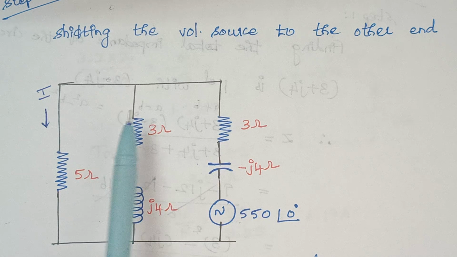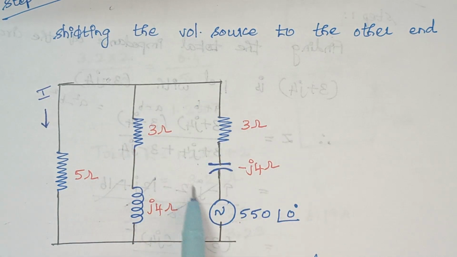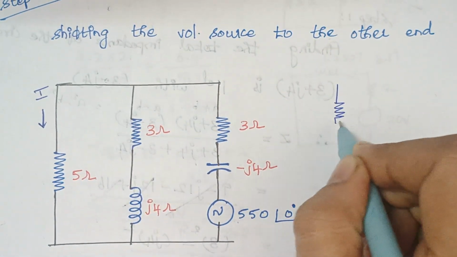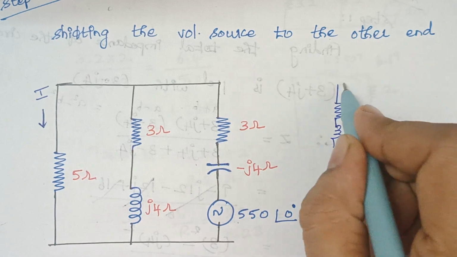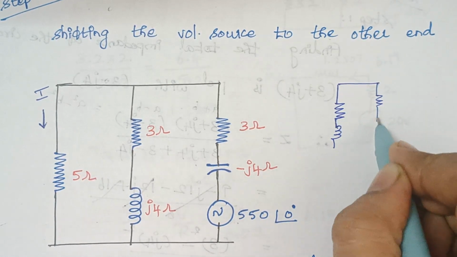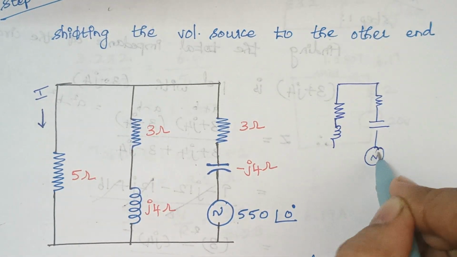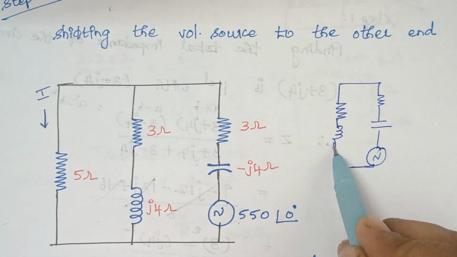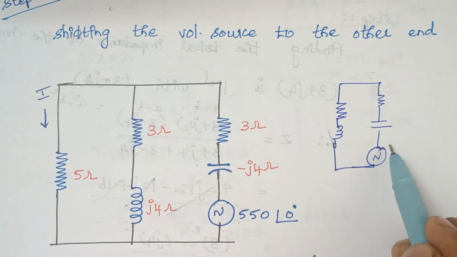Now that impedance comes in series with this impedance. Right. You see this combination has reduced to a resistor and an inductor, and here we have a resistor and a capacitor and a voltage source. So when you look at this circuit, you see all these are in series.